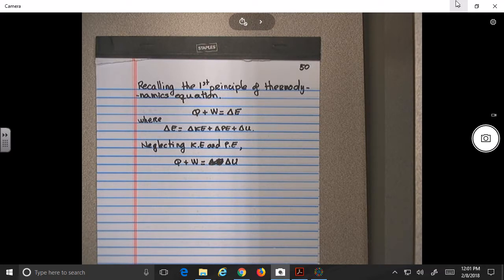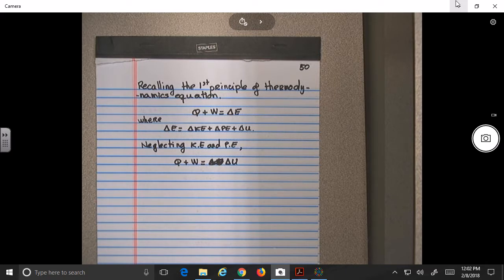If it happens very slowly, quasi-static, then the summation of forces equals 0 instead of MA. So if the velocities are very slow, you can assume the change in kinetic energy is 0. And the change in potential energy is small, since the piston cylinder is not going to go up 20 feet. It's just going to be very little changes, with this assumption.